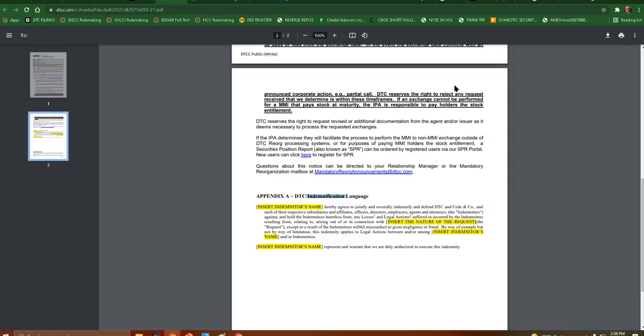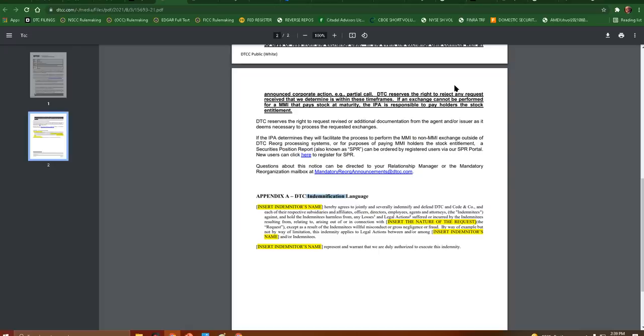hereby agrees to jointly and severally indemnify and defend DTC and Cede & Co. and each of their respective subsidiaries and affiliates, officers, directors, employees, agents, and attorneys, the indemnitees, against and hold the indemnitees harmless from any losses and legal actions suffered or incurred by the indemnitees resulting from, relating to, arising out of, or in connection with, insert the nature of the request, the request, except as a result of the indemnitees' willful misconduct or gross negligence or fraud.